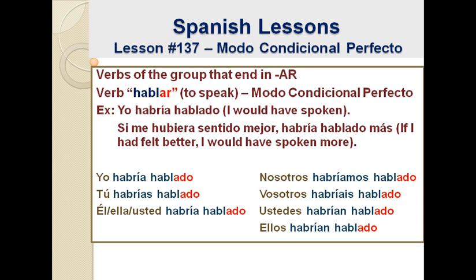In Spanish, we said that Spanish is a formal language, and we use usted whenever we address somebody that is much older than us, or somebody with certain status that requires that we keep a respectful distance, right?